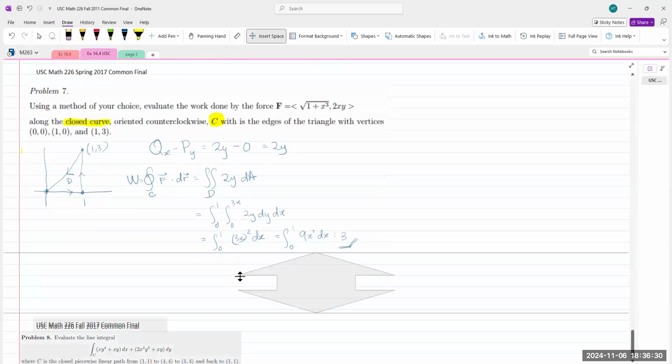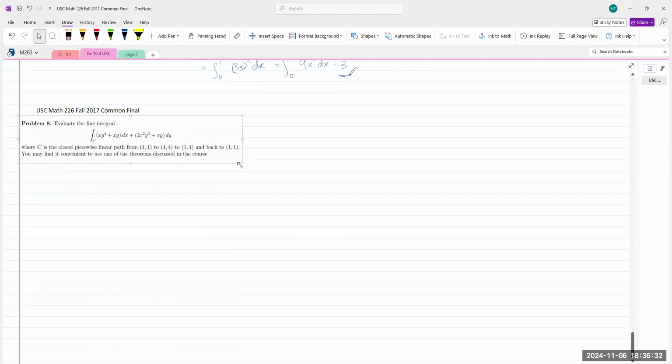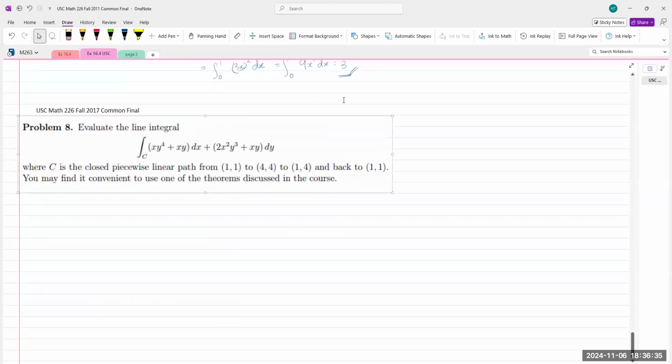Let's do problem 8. Evaluate the line integral. If we rewrite the vector field F, that will be xy cubed plus xy, comma, 2x squared y cubed plus xy. Closed piecewise linear path from 1, 1 to 4, 4 to 1, 4 back to 1, 1.